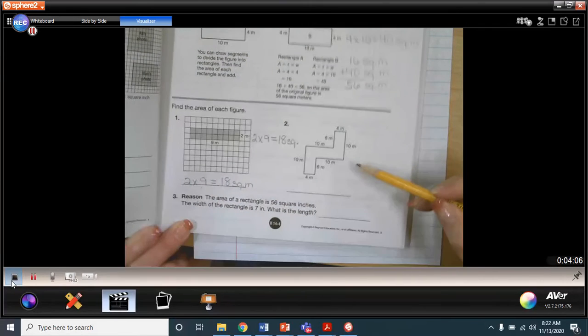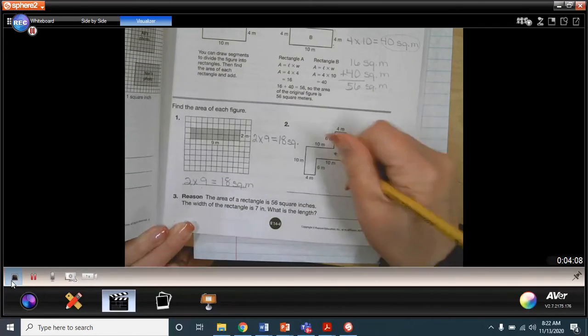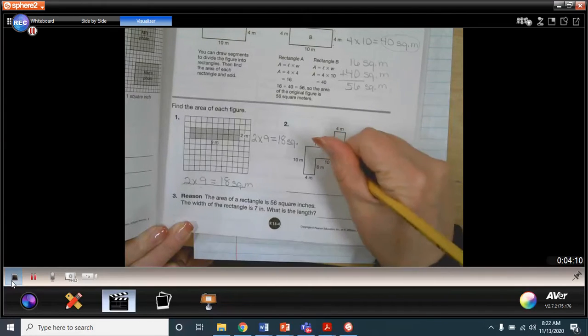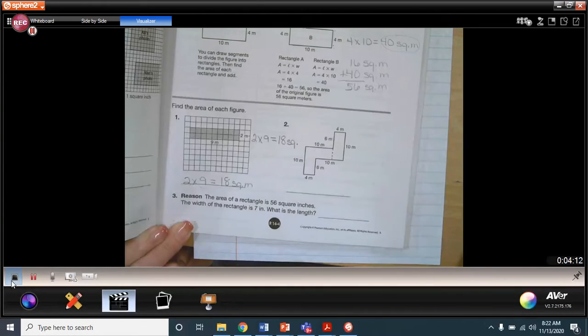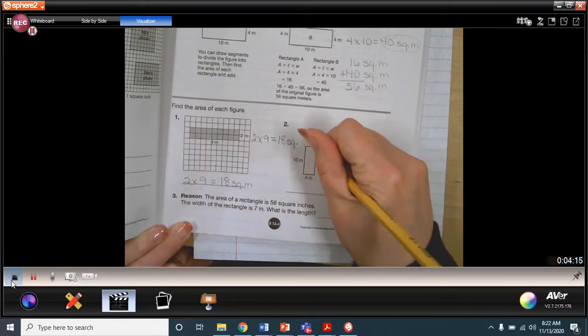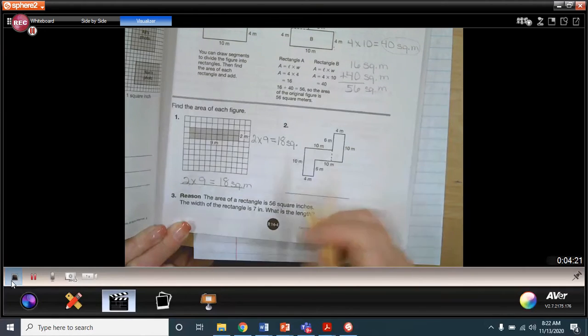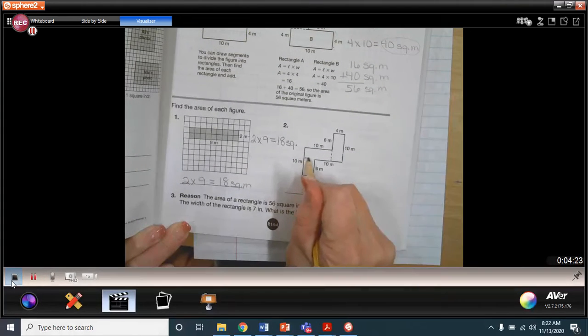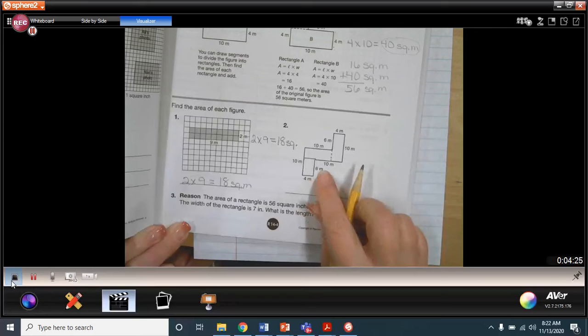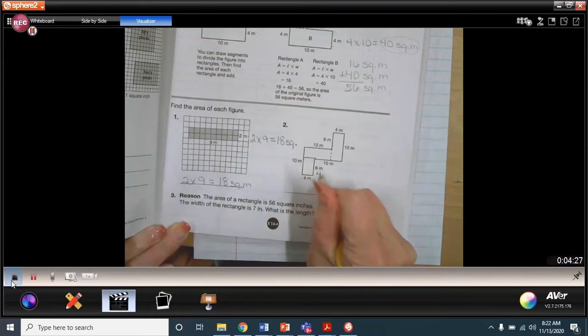Now this one's a little more difficult because we have to partition or break apart some of these figures here. Actually, what might be easier to do is break it apart here since I have a length and a width.